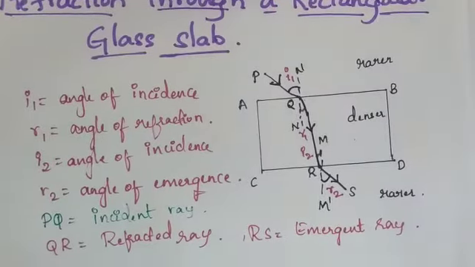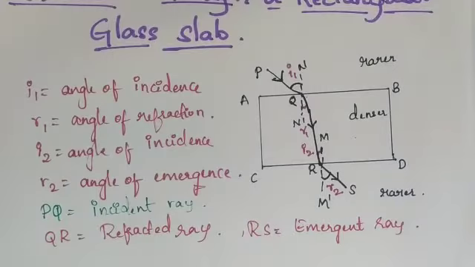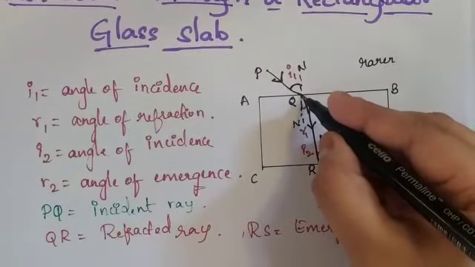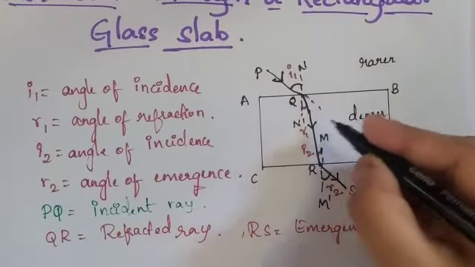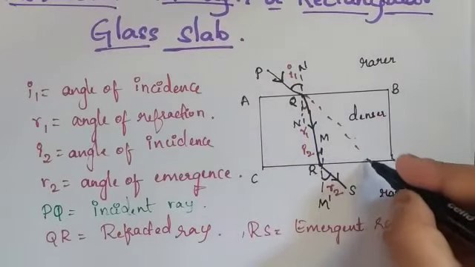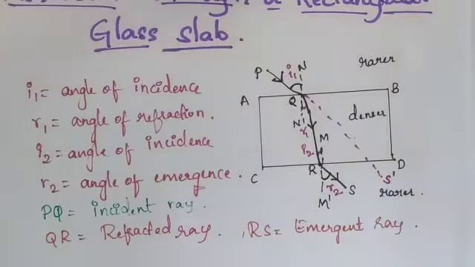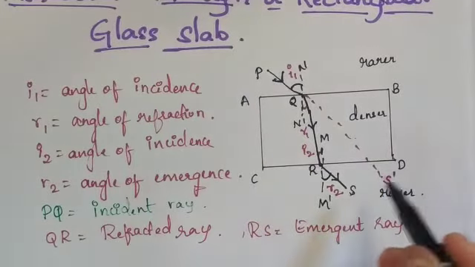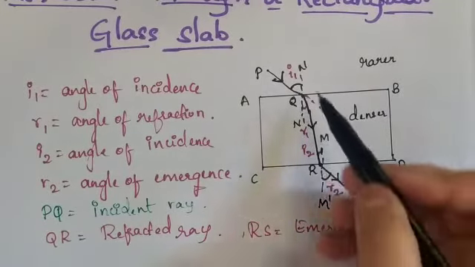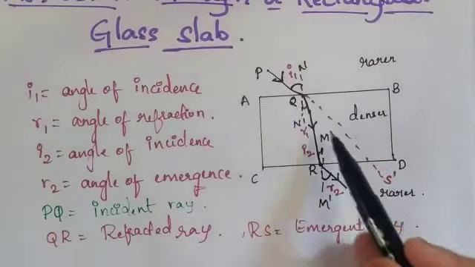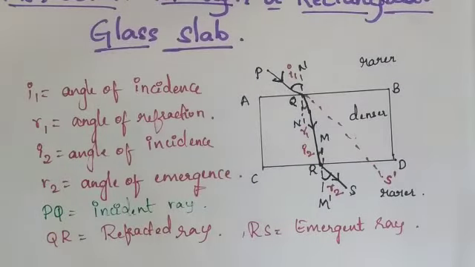Okay, so now in this case, for instance, if there is no bending that has taken place, where would the light ray be? Maybe I'll draw this as an imaginary line. The light ray will be maybe here, that I'm going to write as S dash. If there is no glass slab, the light ray may travel in a straight line without any bending.